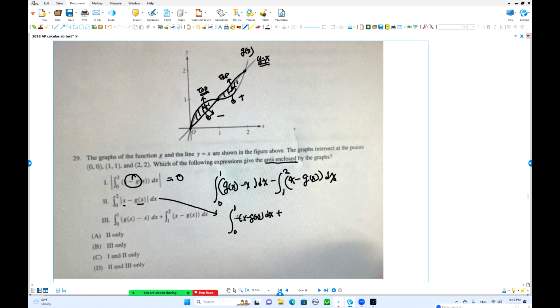To make a positive. After 1 to 2, now x is at top, g of x is the bottom there, that is always positive. We don't need the absolute value, okay? x minus g of x dx. This is exactly the same as this one, right? Yeah. Minus x plus g of x, g of x minus x, same thing, okay?